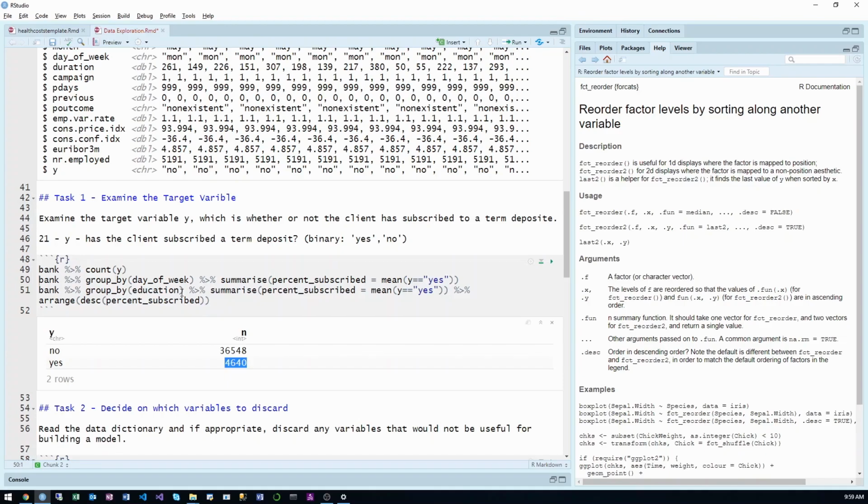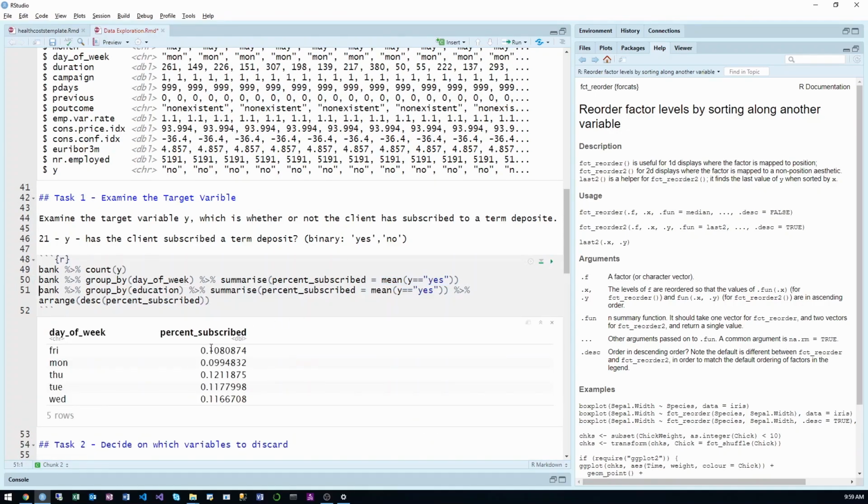To look at the subscriber percent by a categorical variable, simply group by that category and then summarize and then say percent subscribed is equal to the mean of the cases where Y is equal to yes.